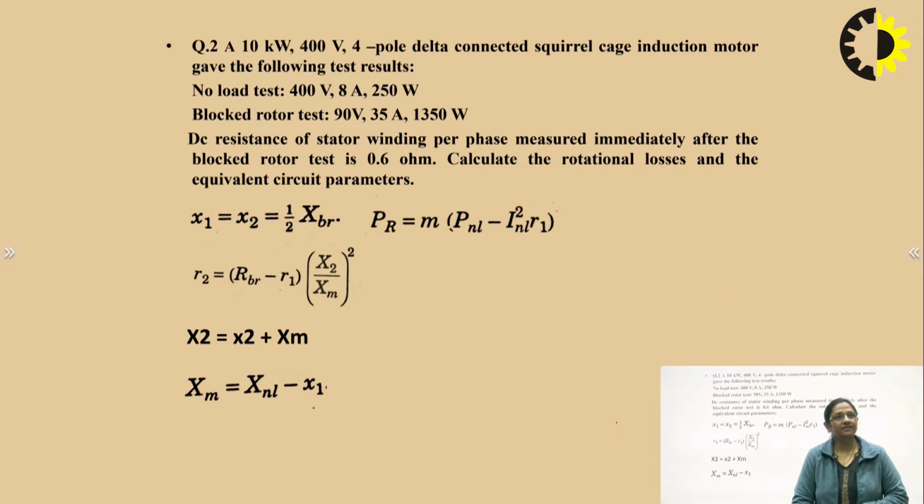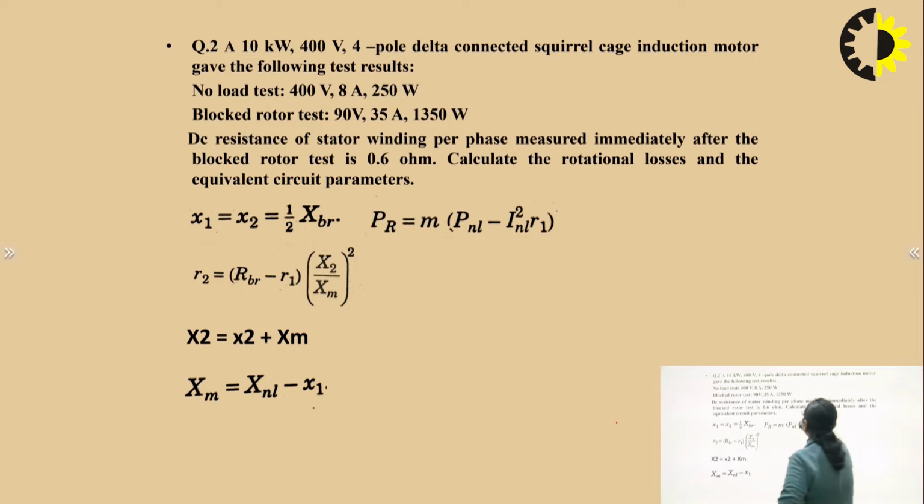Now, let us consider another question. This question is based upon the no-load and blocked rotor test that is performed on a three-phase induction motor. So, the question says a 10 kilowatt, 400 volt, 4-pole delta connected squirrel cage induction motor gave the following test results.